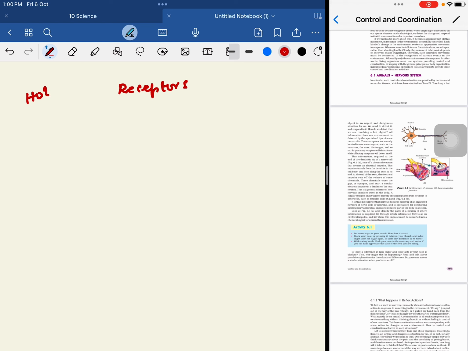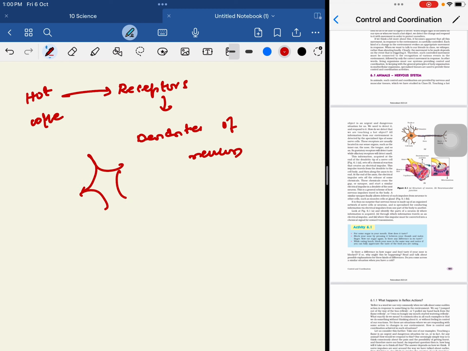Hot coffee will stimulate receptors. Receptors will stimulate the dendrites of the neuron. These are dendrites.